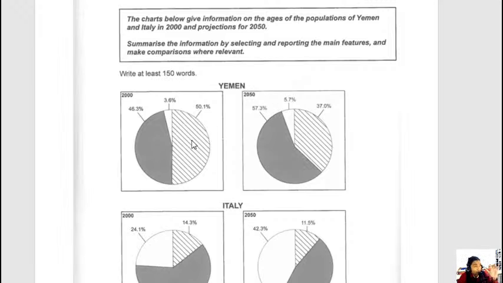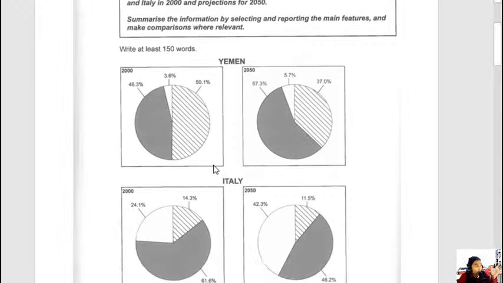As you can see, if I was doing this exam, I would look at the colors. I would say, okay, in Yemen in 2000, 50% is 0 to 14-year-olds. And in 2050, that percentage will come down by a quarter at least. Whereas the dark part, which is 15 to 59-year-olds, will increase by the same amount.